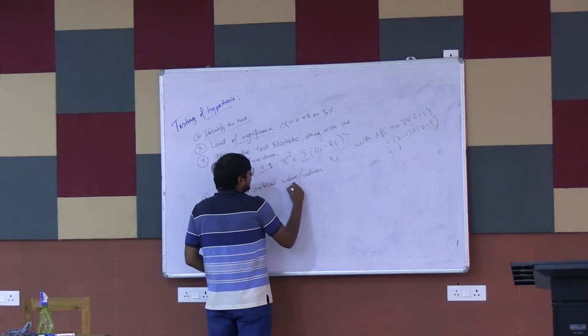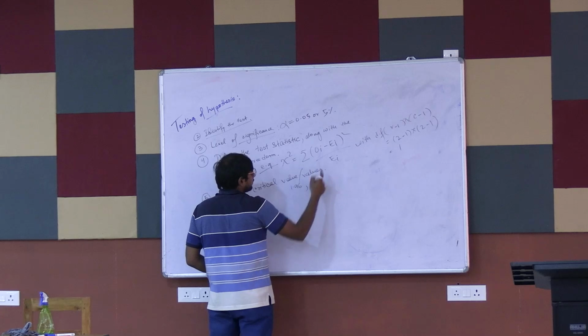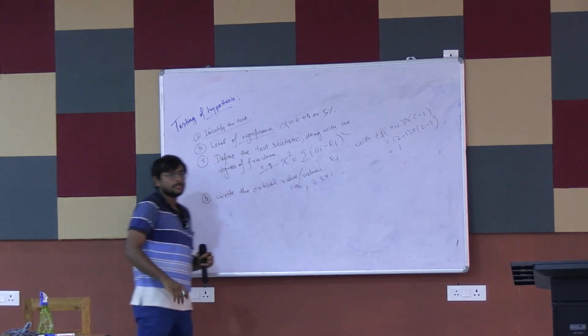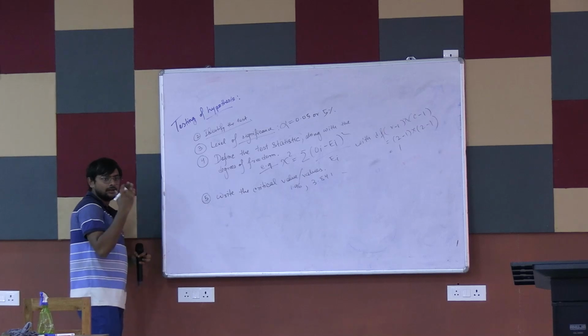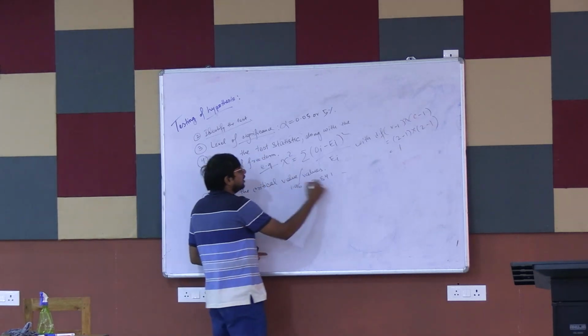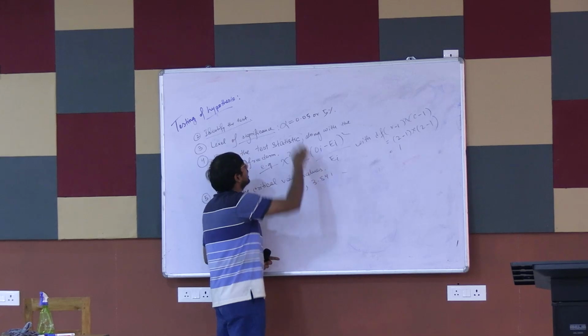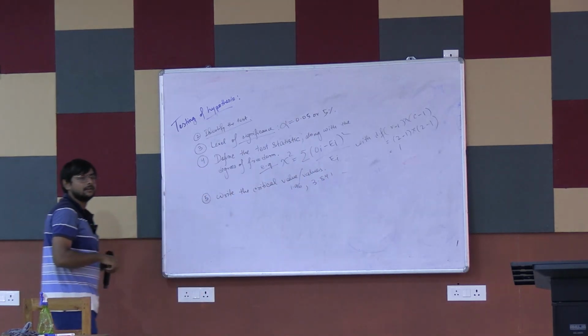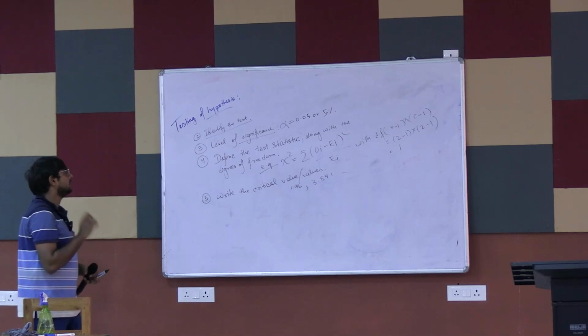For Z test, it was given 1.96. For the chi square with degrees of freedom 1, it was given 3.841 and all. You know, the critical values are the values above which, if we find the value of the test statistic is going above 3.841, then we reject the null hypothesis. So that deciding value is called the critical value. So we have to write that as well.